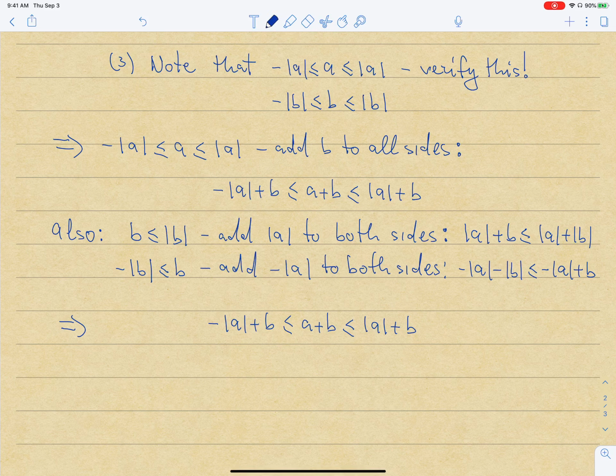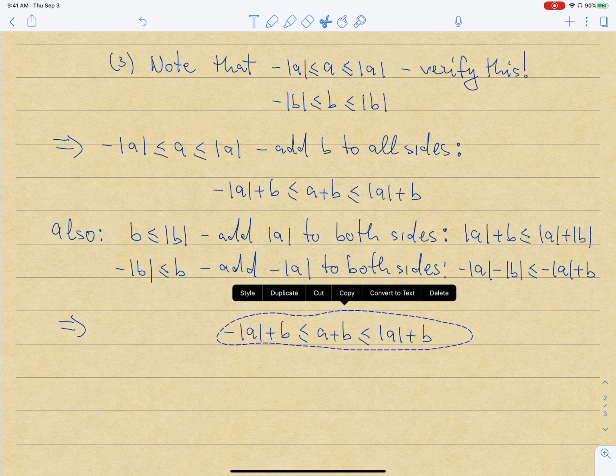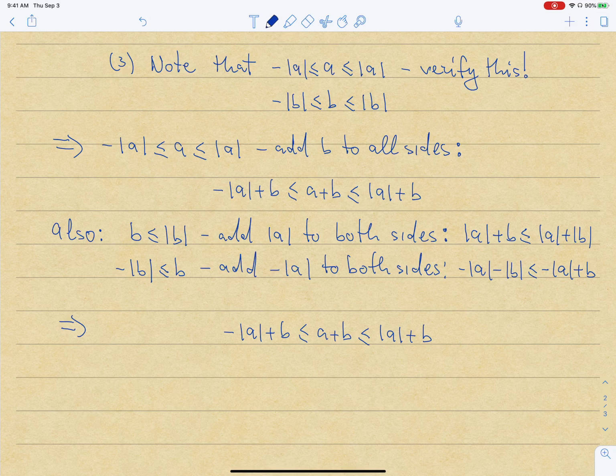I know that absolute value of A plus B is less or equal than absolute value of A plus absolute value of B. So I can stick this here. And from the second inequality, I know that minus absolute value of A minus B is greater or equal than minus absolute value of A minus absolute value of B.